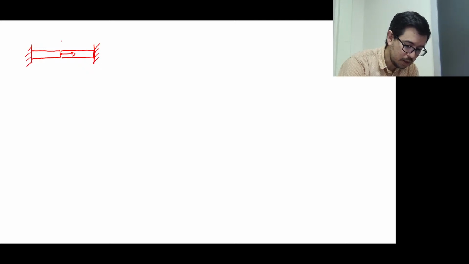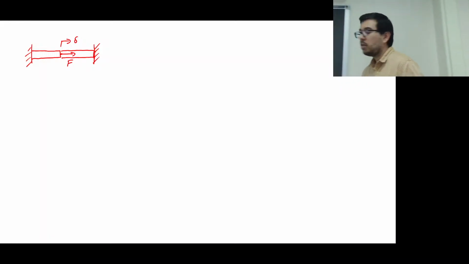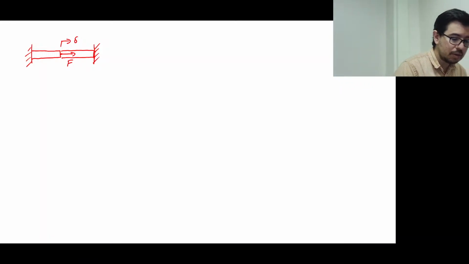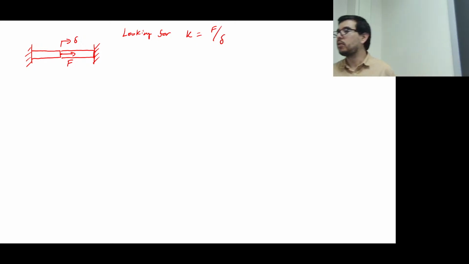The question is, how do we figure out the effective spring constant between F and delta? So we're looking for K, which is going to be F over delta, correct?